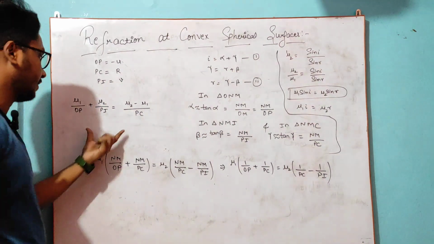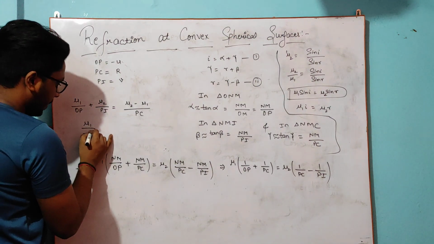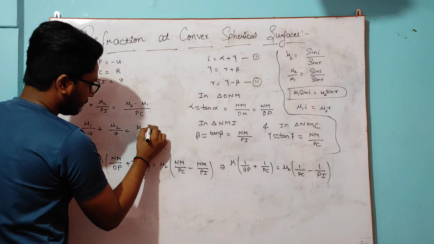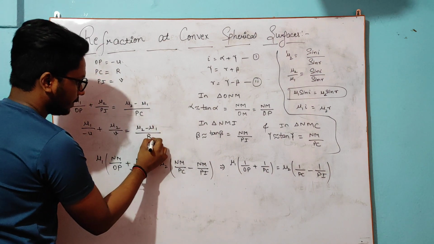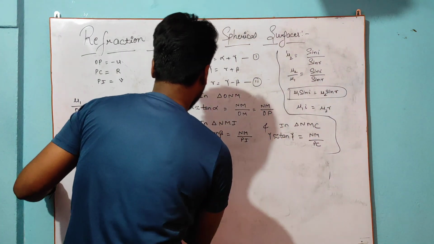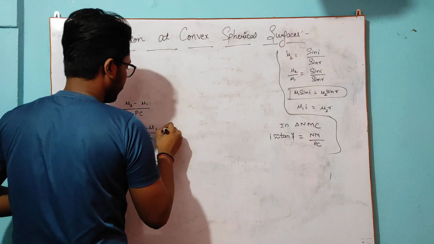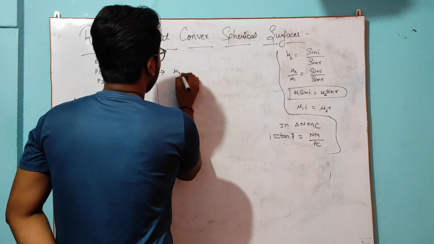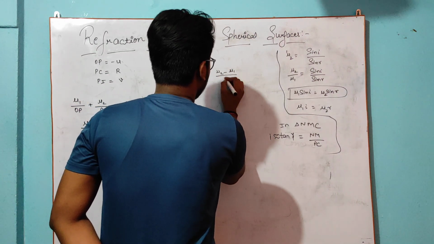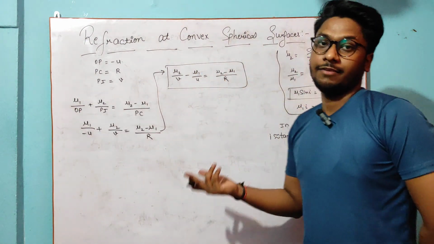Substituting OP as minus U, PI as V and PC as R, this becomes mu2 by V minus mu1 by U equals mu2 minus mu1 upon R. So this is the relation between the object distance, image distance, radius of curvature and the refractive indices.